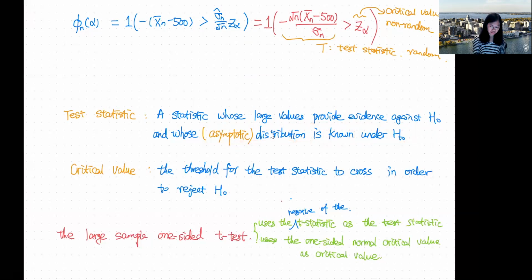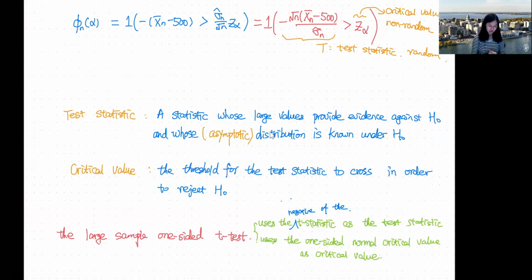And this requirement is also satisfied in this example because the asymptotic distribution of this is standard normal under H0. Under H0, 500 is the true mean. So this is the sample mean minus the population expectation divided by a standard deviation estimator multiplied by square root n. From previous videos, we know that's asymptotically standard normal.